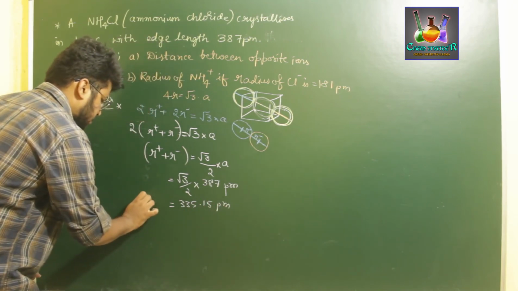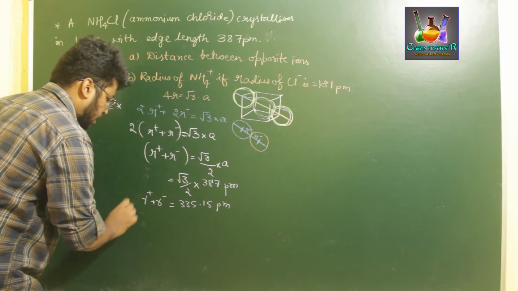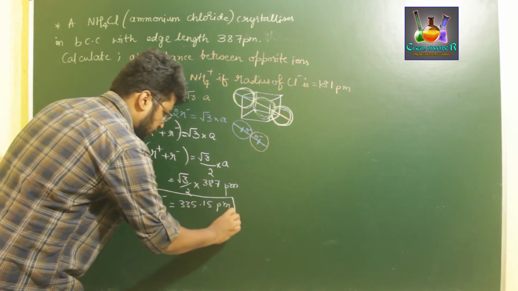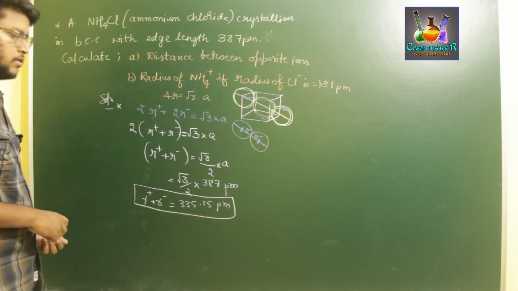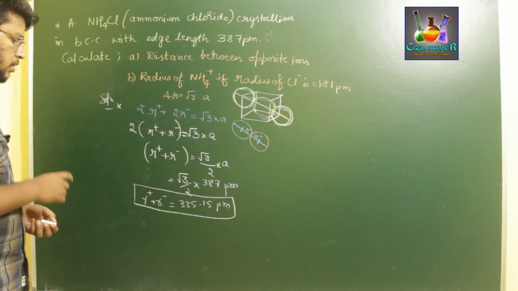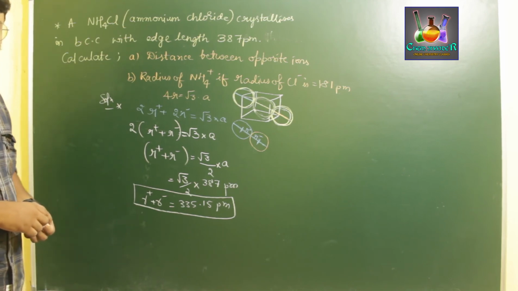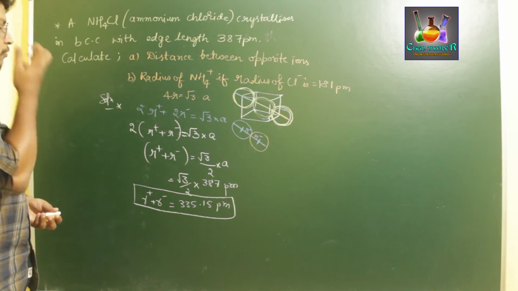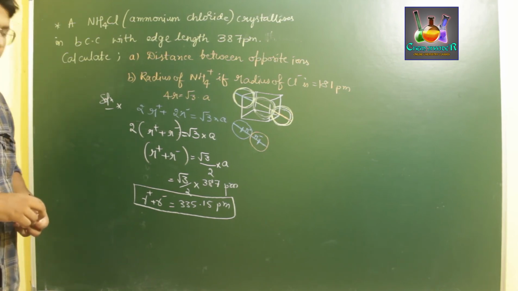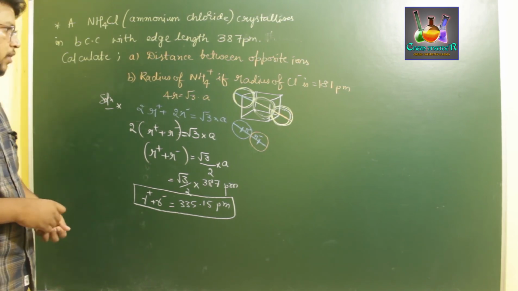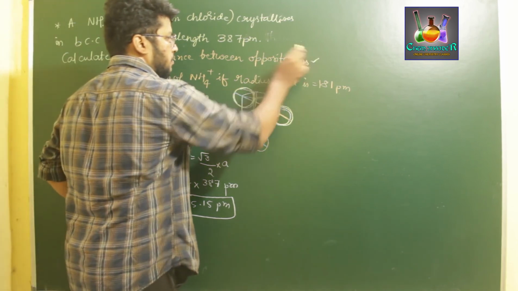That is, the distance between r plus and r minus is 335 picometers. This is the distance between the two oppositely charged ions forming a BCC lattice. So we have determined the first one, the distance between opposite ions.